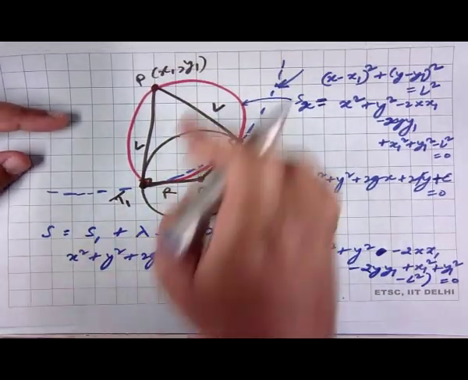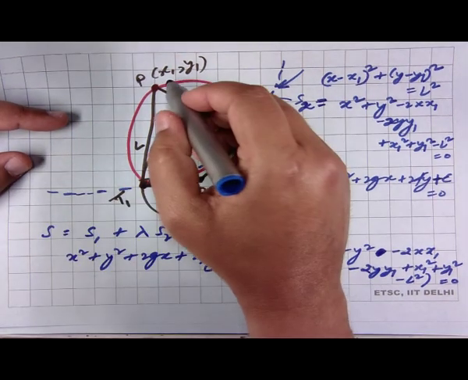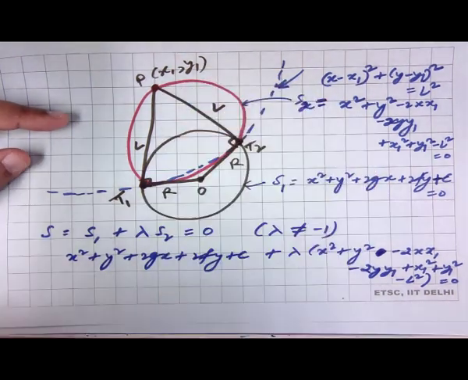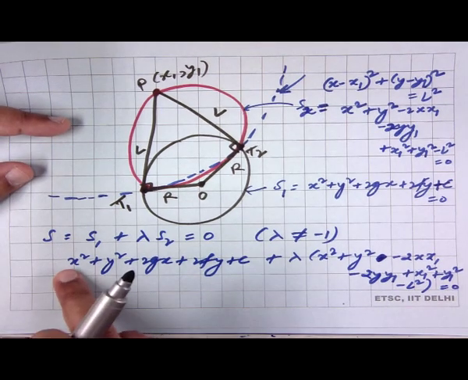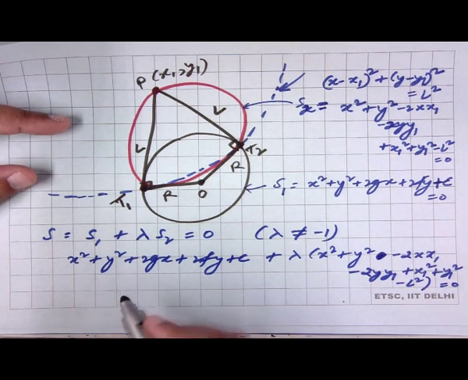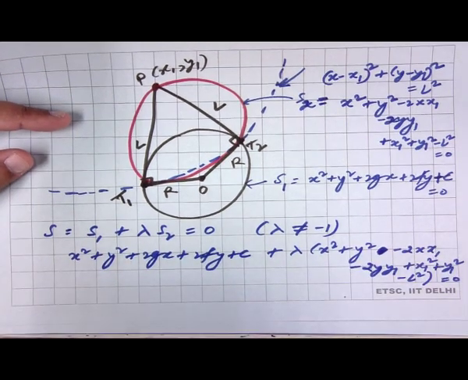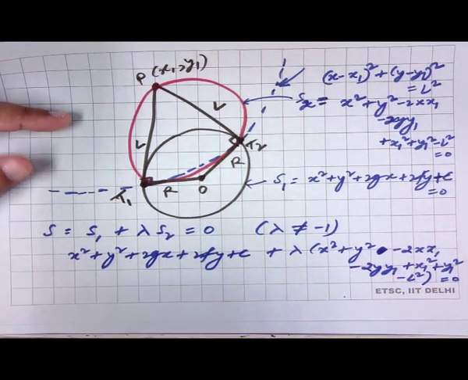now one such circle is this red circle, but we know that the red circle also passes through x1 y1. Therefore, if we put x equal to x1 and y equal to y1, then this left hand side should evaluate to 0.